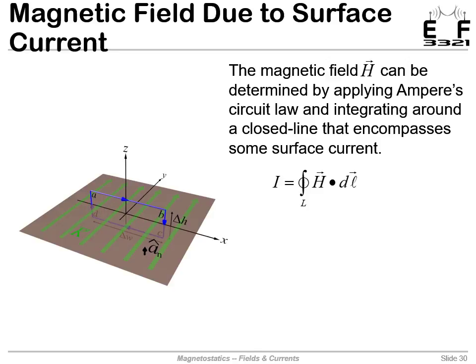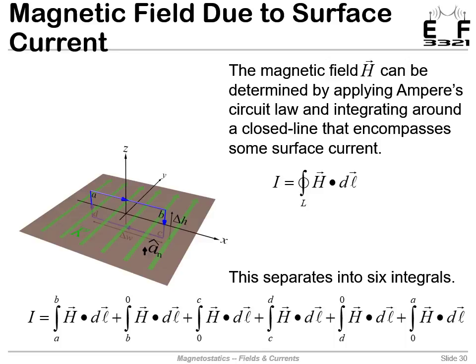That's one way. The other way is to do a line integral of the magnetic field around this closed path. Both of these techniques should calculate the same total current. So in fact, we'll do that. We'll set them equal, and we'll end up with an expression for the magnetic field as a function of that surface current.